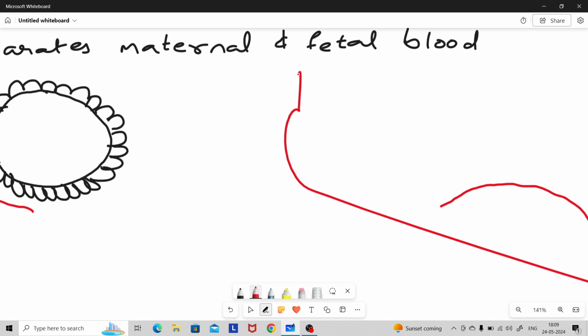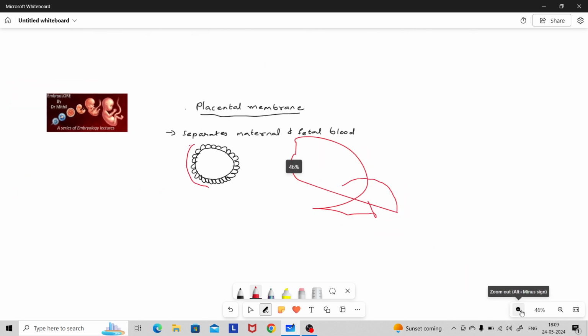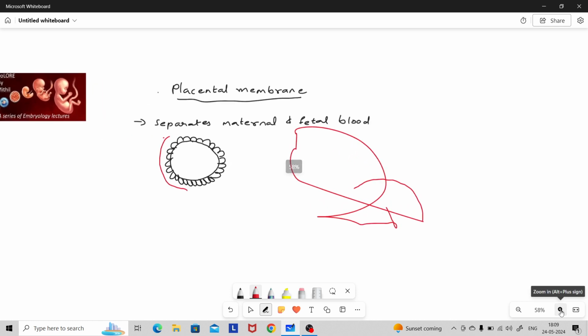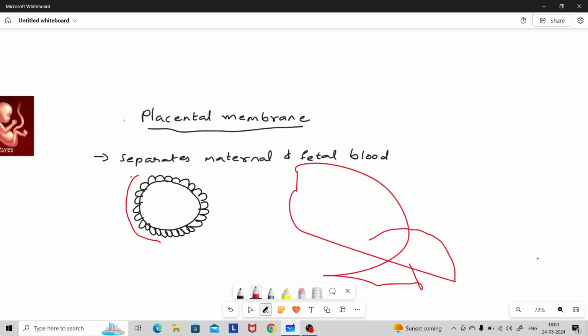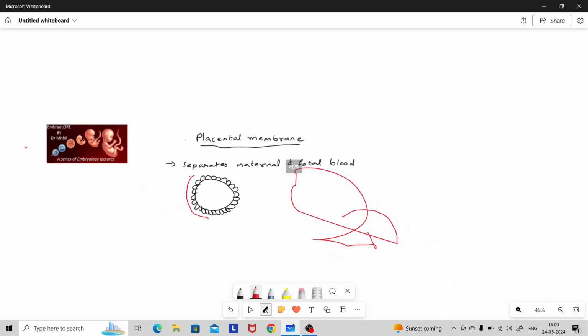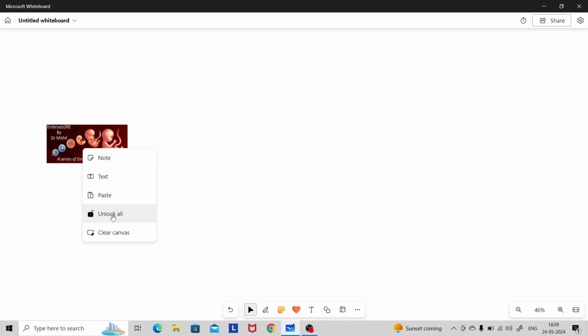Sorry for the small technical glitch here. So this is the cytotrophoblast.